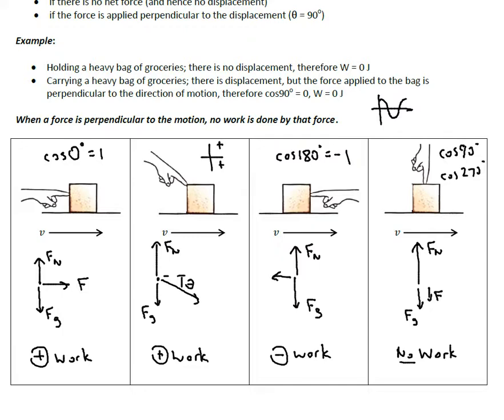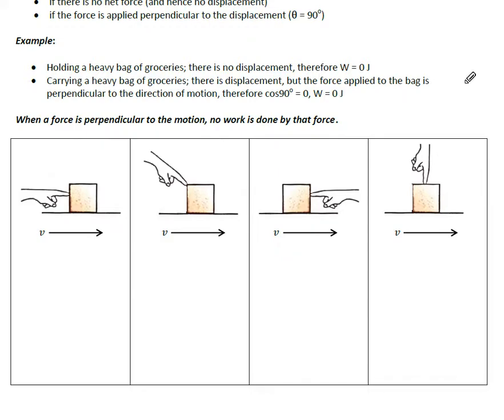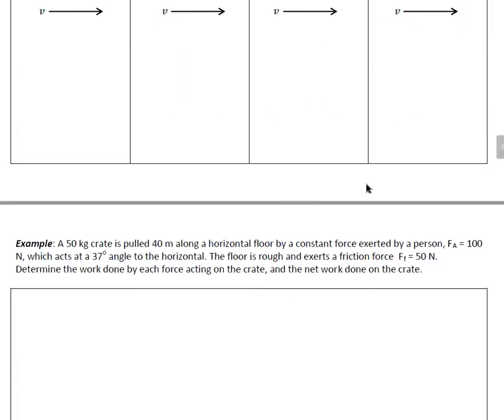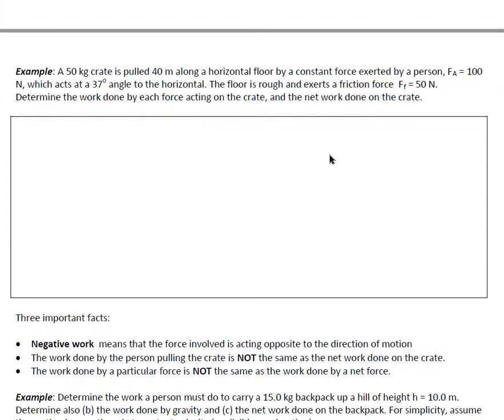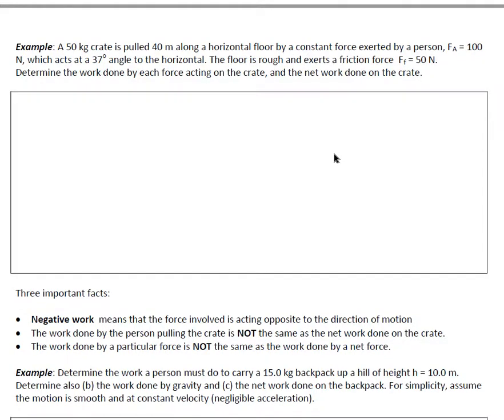So we scroll down to our first question right here. It says a 50 kilogram crate is pulled 40 meters along a horizontal floor by a constant force exerted by a person. Applied force 100 newtons, which acts at 37 degrees to the horizontal. Okay, let's just draw this out first.